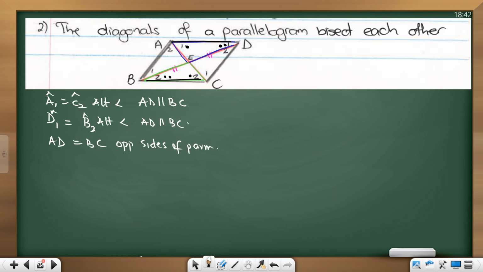Write down our triangles. Write your triangle down.